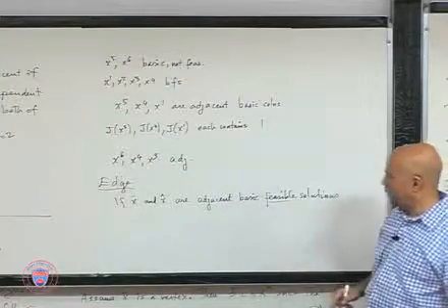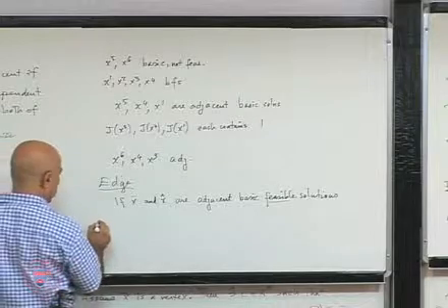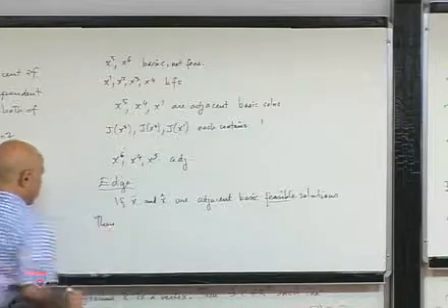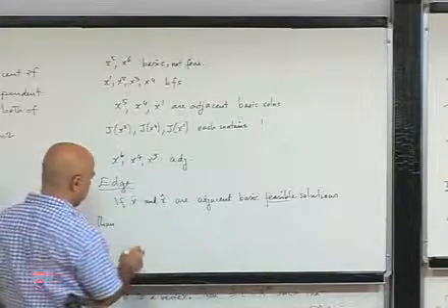Over here we have feasibility as well. If they are adjacent basic feasible solutions, then the set of points on the line segment connecting them is called an edge of P.